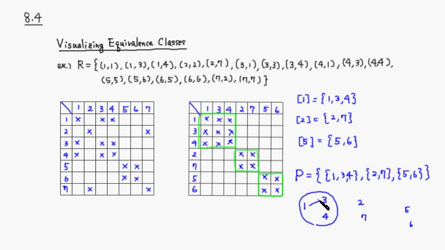Among these three groups, we have all relationships. 1 is related to 3, 3 is related back to 1, and 1 is related to 4, 4 is related back to 1, and 4 is related to 3, and 3 is related back to 4.